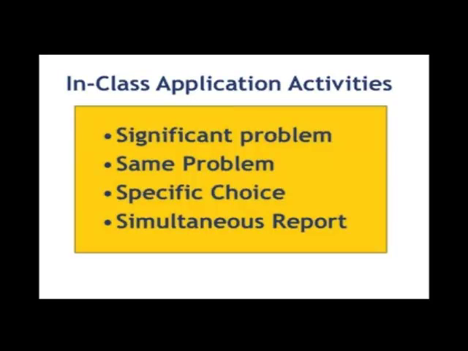That simultaneous reporting is actually one of the really powerful pieces of team-based learning. We often just have the students work on a problem: what test would you order first in the ER when a patient presents with the following symptoms, 1, 2, or 3.